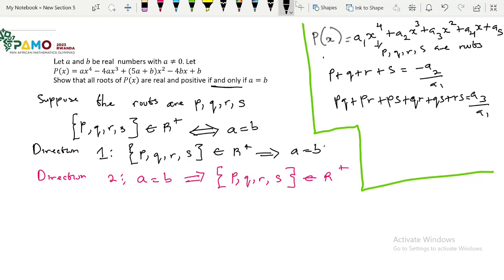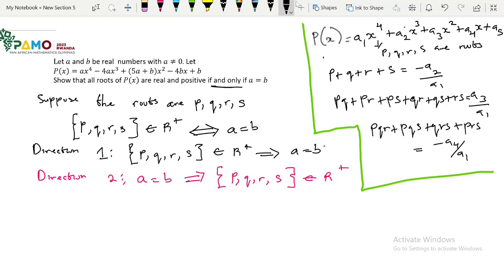So the first one was minus, the second one is plus. Then when you take them three at a time, it's pqr plus pqs plus qrs plus prs, equals minus a4 over a1.